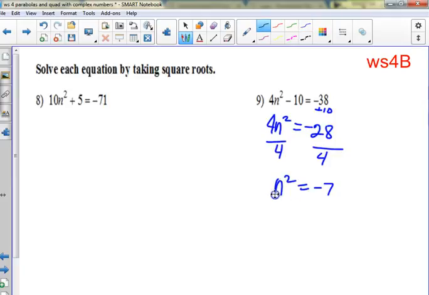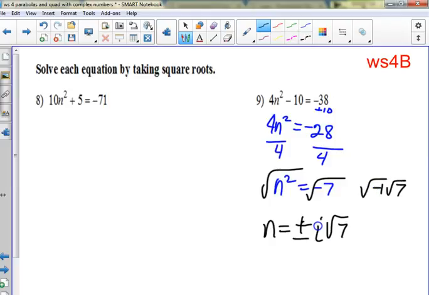We square root both sides and get what? Plus or minus, because we square root a variable. And this is the square root of negative 1 times the square root of 7, which is i square root of 7. It is not i plus or minus the square root of 7. The i is multiplied by the square root of 7, right?